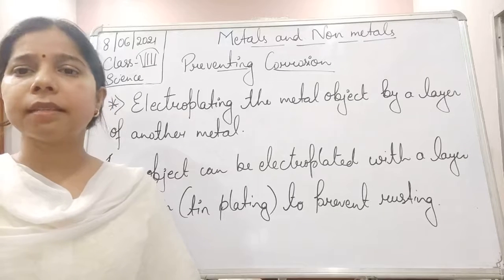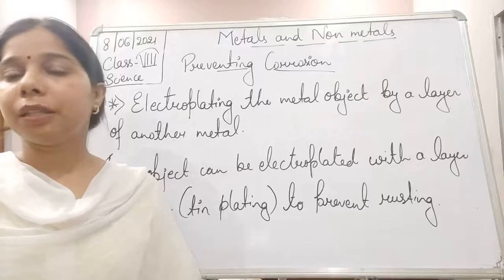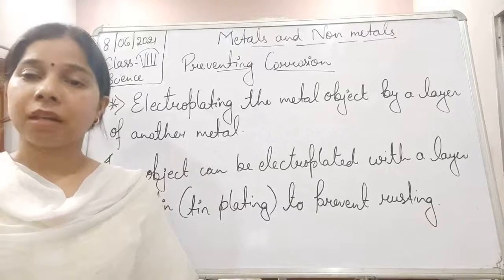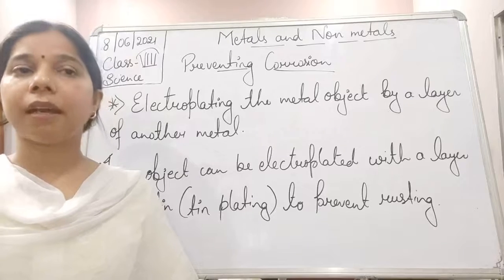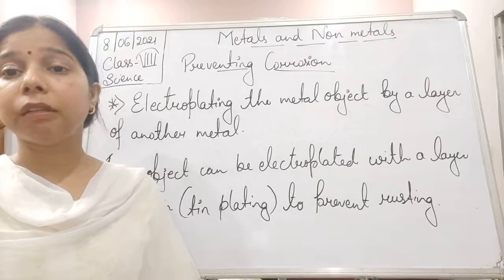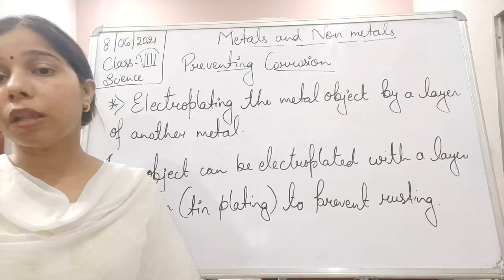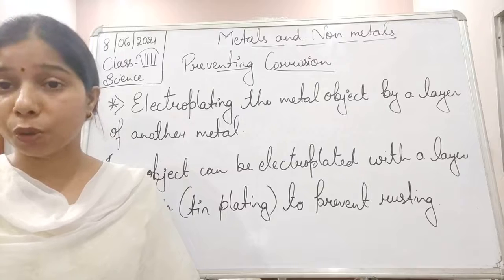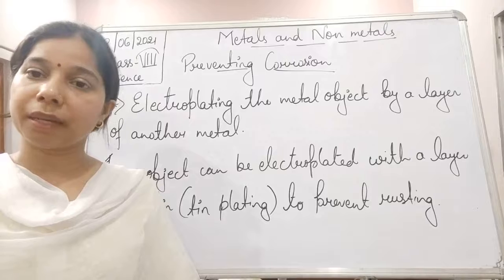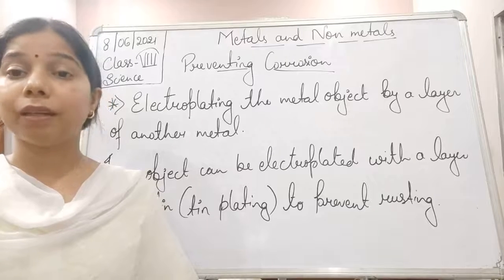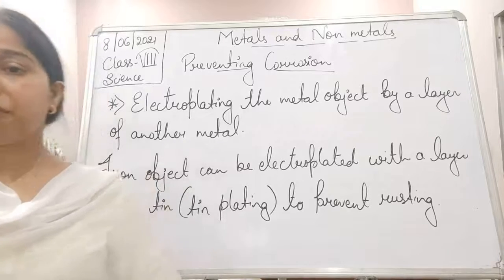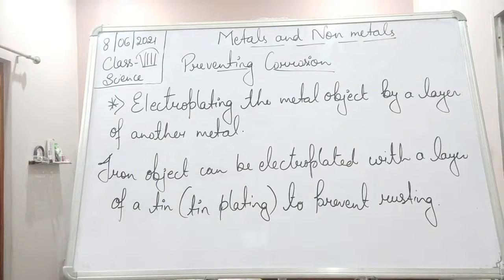Although the processes are different, the process of galvanization is different, alloy making is different, and electroplating is different, one thing is common: we are making a layer on the surface of the metal which can be corroded, and covering it with a layer of another metal which is corrosion resistant. So these are the different methods by which we can prevent corrosion, students.